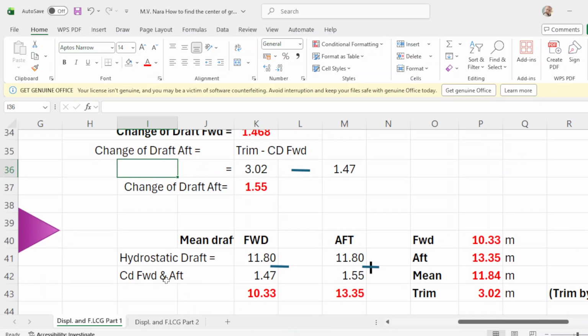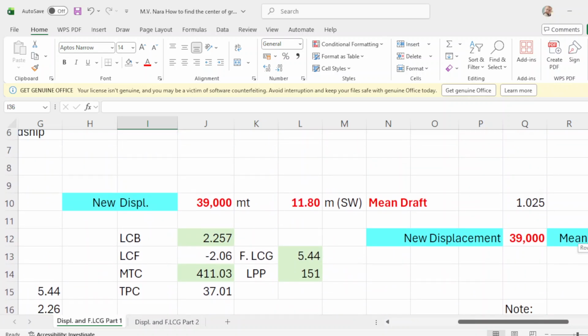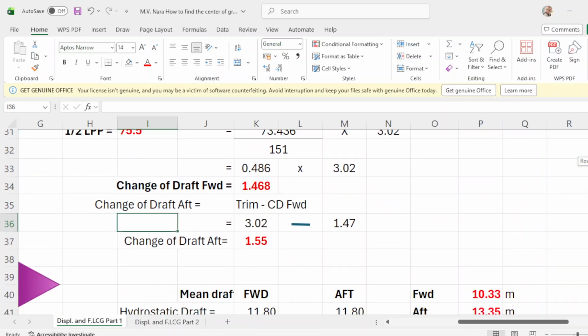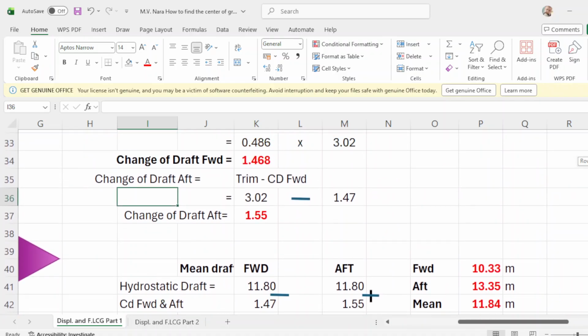The mean draft of the hydrostatic table from your new displacement is 11.80, okay? 11.80 minus your change of drop forward, 1.47, rounded up, plus your change of drop up of 1.55.